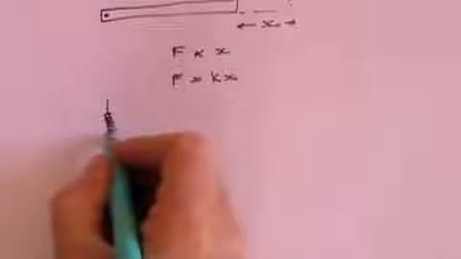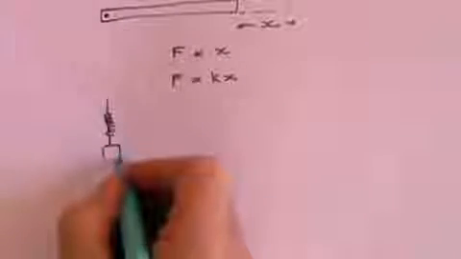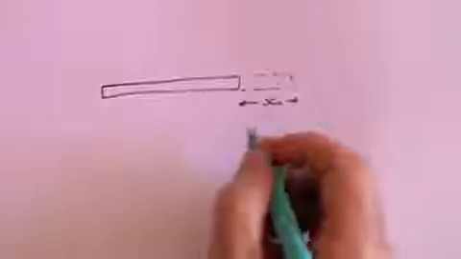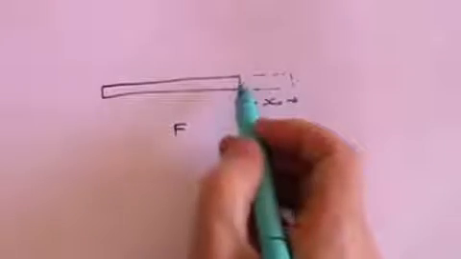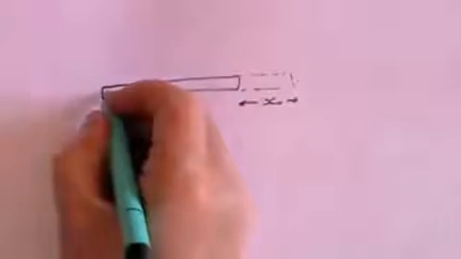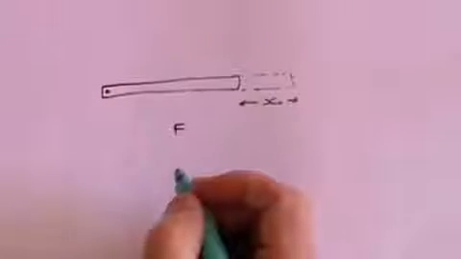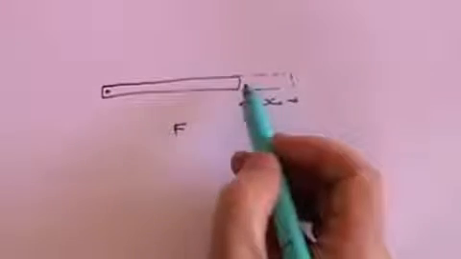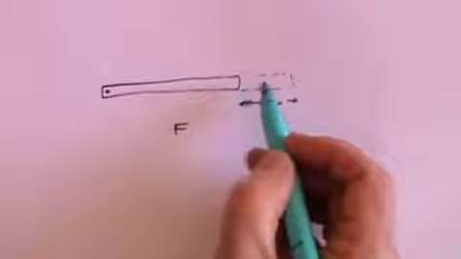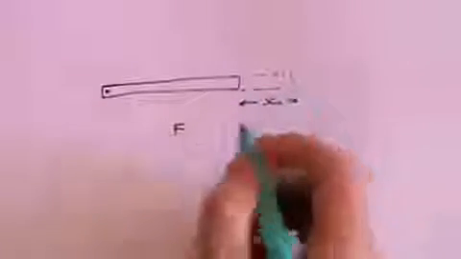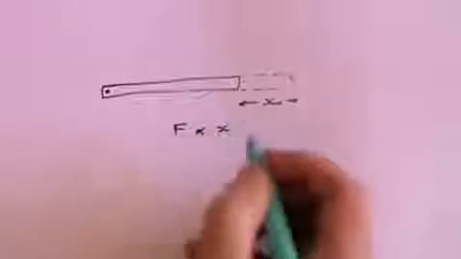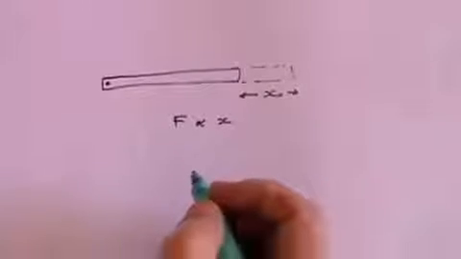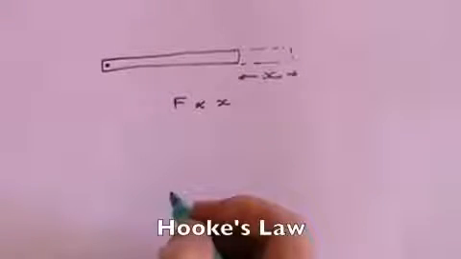If you take a spring and put a stick, we say that the force that you have to apply on that piece of elastic, we'll assume that this end has been pinned, so it's fixed. The force you have to apply to this end to stretch it to that is proportional to the extension. And that is in essence what's called Hooke's law.